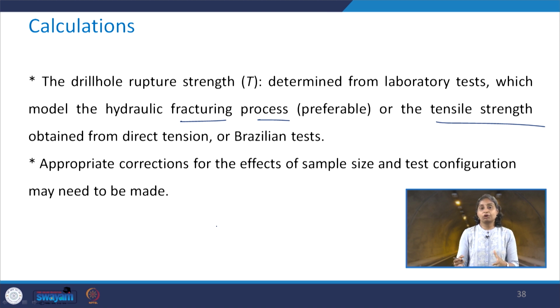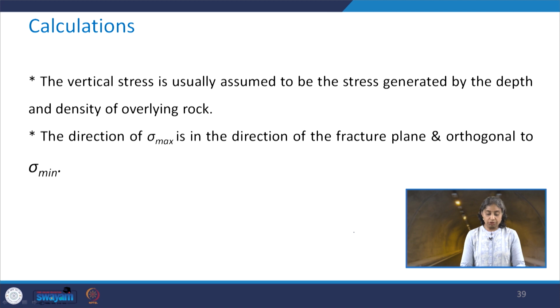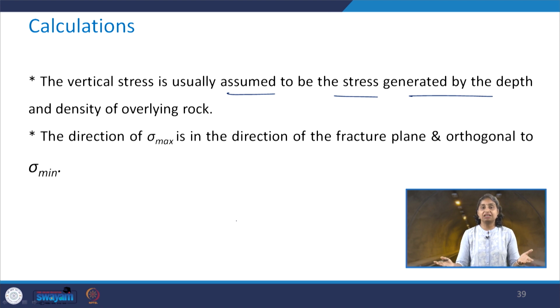You know that one of the indirect tensile strength tests is the Brazilian test. The appropriate corrections for the effects of sample size and test configuration may need to be made when the calculations are carried out. The vertical stress is usually assumed to be the stress which is generated by the depth and the density of the overlying rock.